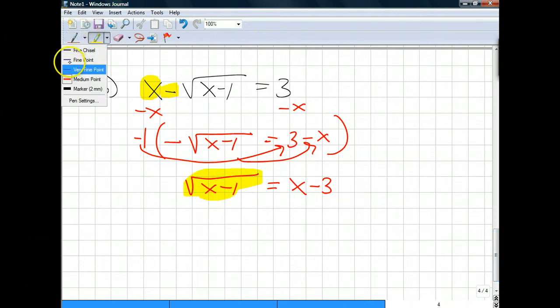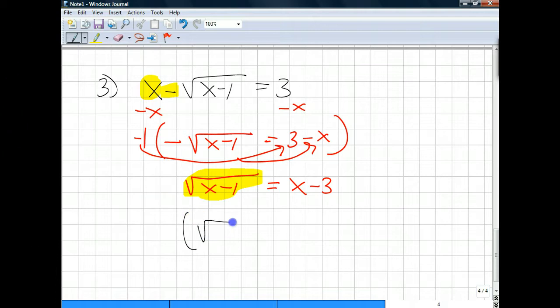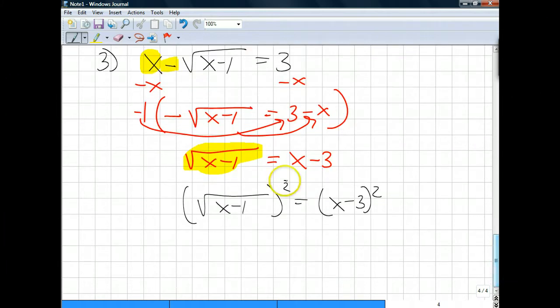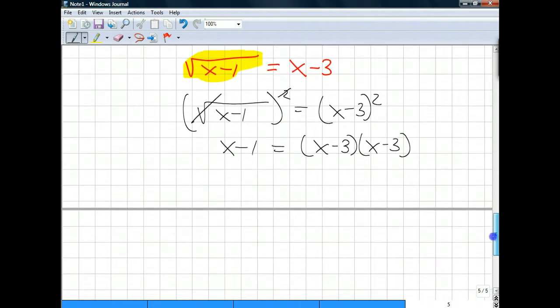So the next step is to raise both sides to a power equal to the index. So this power cancels the radical, so I get x minus 1. But on this side, I'm going to have to FOIL this out. Because remember, we cannot distribute the power inside because of this minus sign right here.